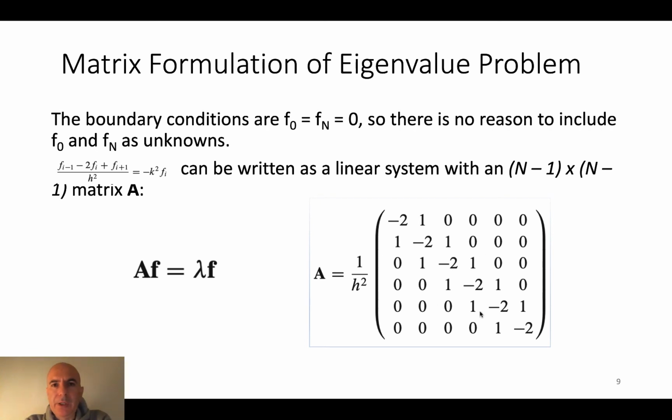So our initial Helmholtz equation, or eigenvalue problem, can be expressed as A, that is this matrix, multiplied by F, that is the unknown values of a function f defined at each of the grid points. And then we have lambda, the eigenvalues, multiplied by the function itself.